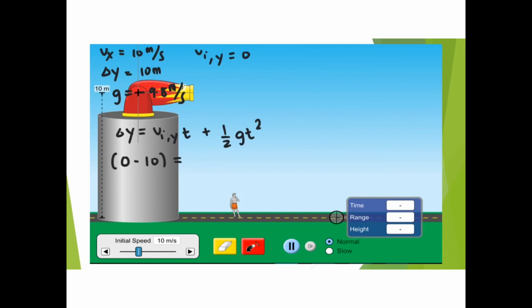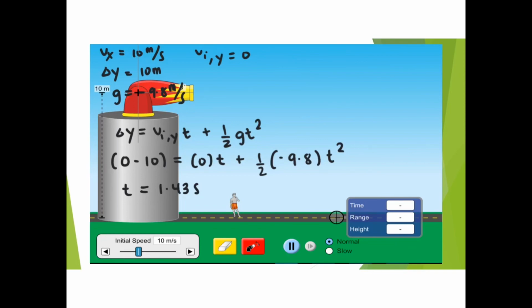The initial vertical velocity is equal to 0, and time is what we need to solve for, plus 1/2 times the acceleration due to gravity, negative 9.8 meters per second squared, and again, time is what we need to solve for. Manipulating this equation would allow us to solve for time, which would give us t is equal to 1.43 seconds.